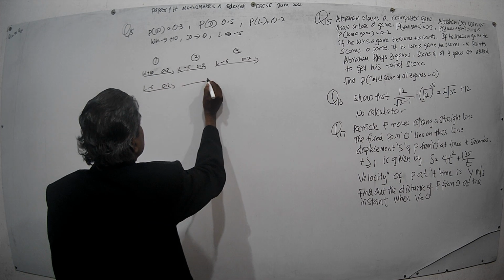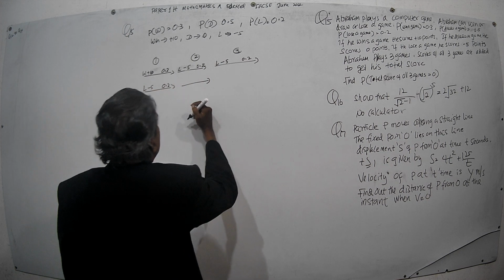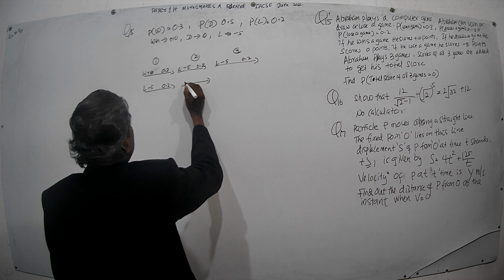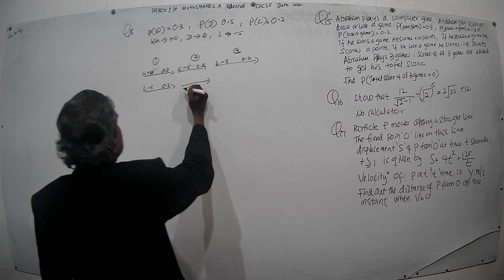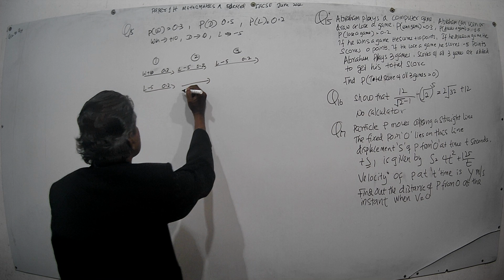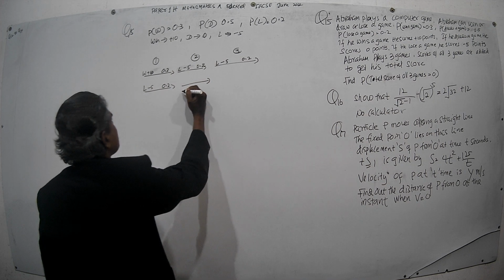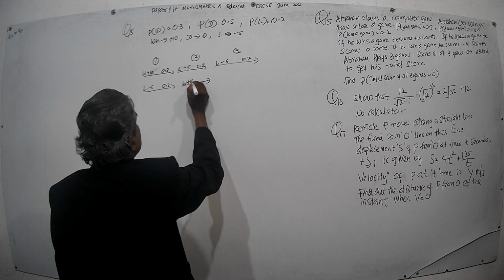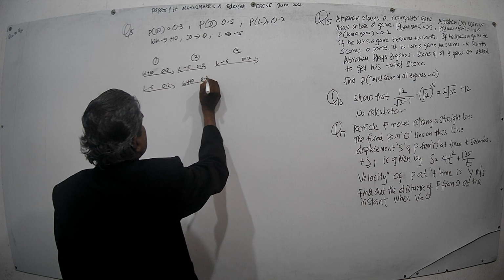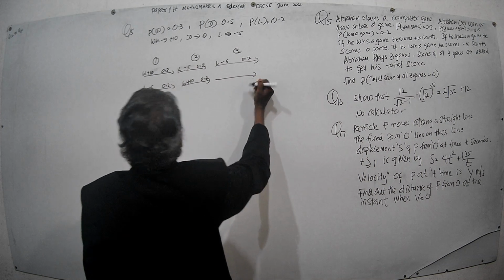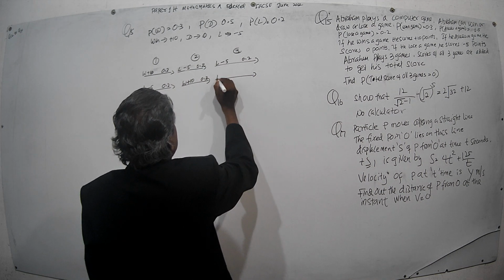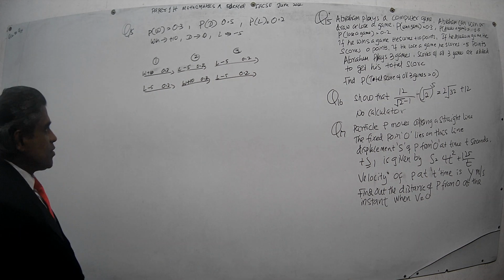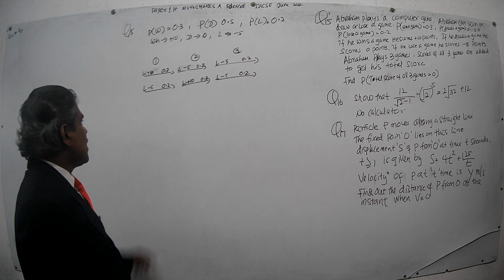Second one, let's say win, plus 10, and that is 0.3. And the next one, let's say again he loses, minus 5, 0.2. Losing probability.